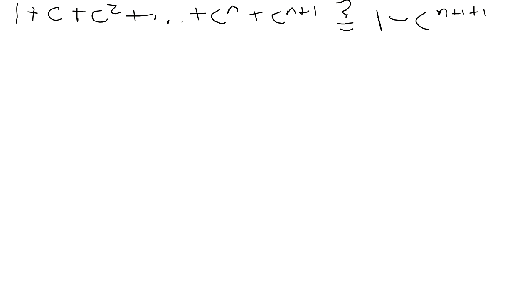I'm actually writing it out this time, so you see where everything came from. We have replaced the n with n plus 1. That's how we get n plus 1 plus 1.